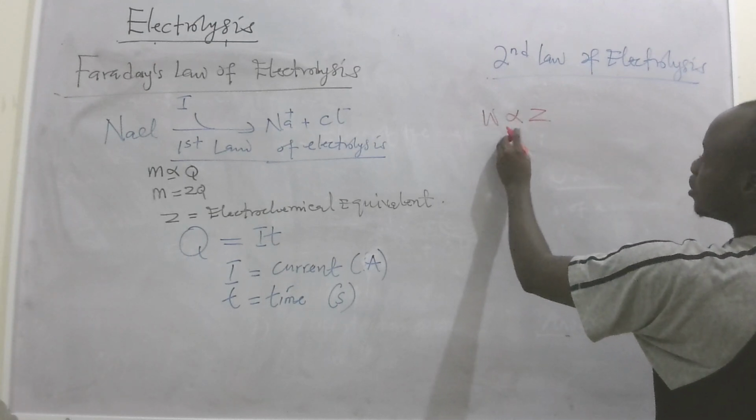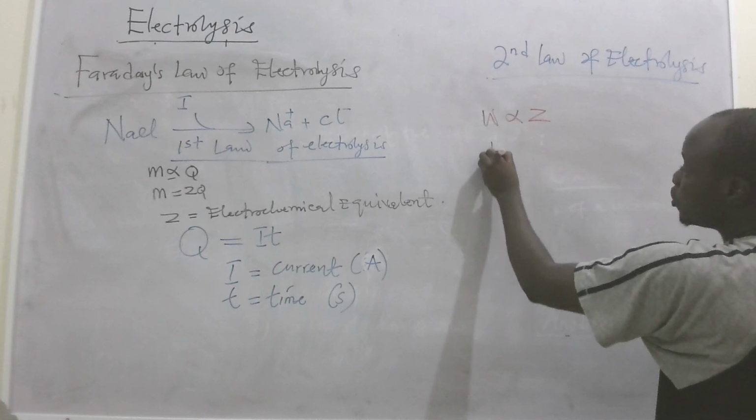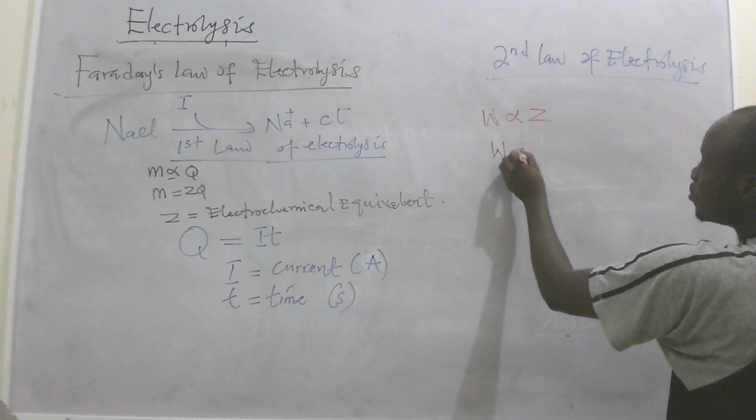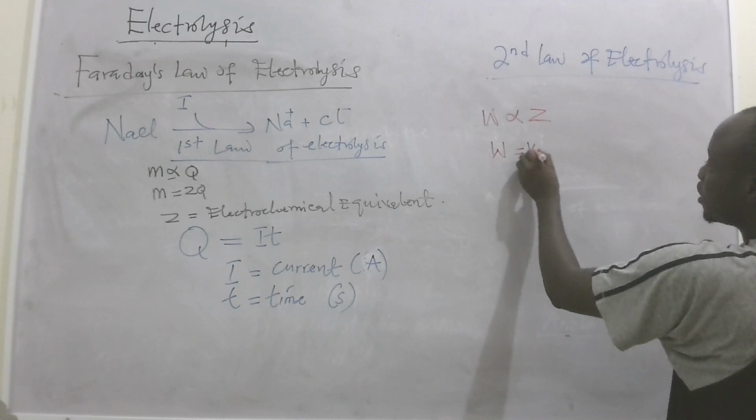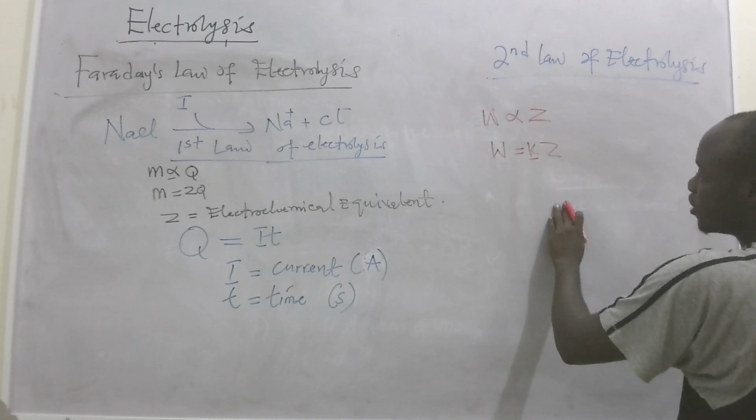Here we have the mass, which is represented as W. So we are going to have W is equal to KZ, where K is a constant.